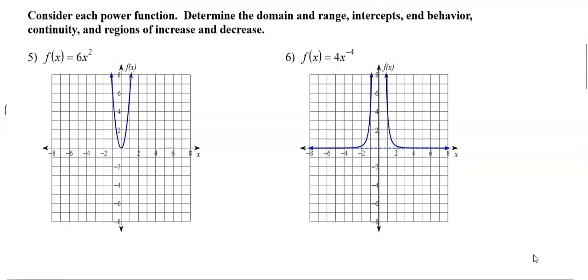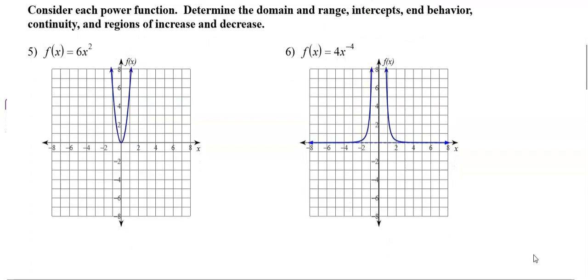Have a look at question number 5. The question is saying consider each power function, determine the domain and range, intercepts, end behavior, continuity and regions of increase and decrease. So everything we'll talk about that. Because the graph is already given to us, domain means all the x values that this function covers.